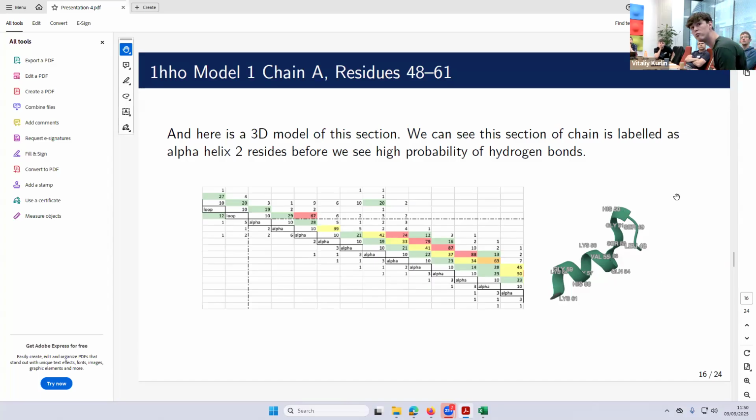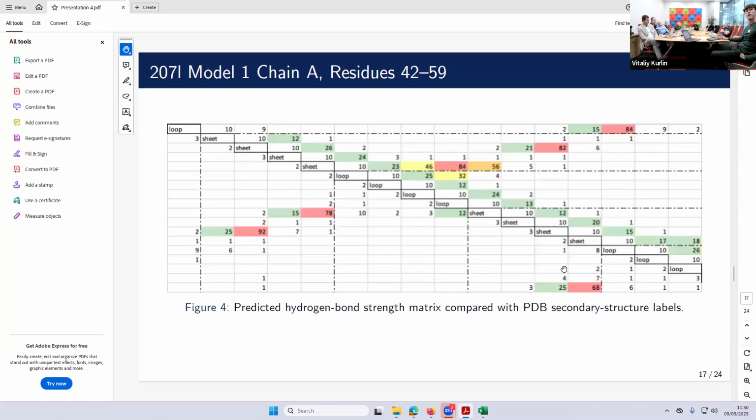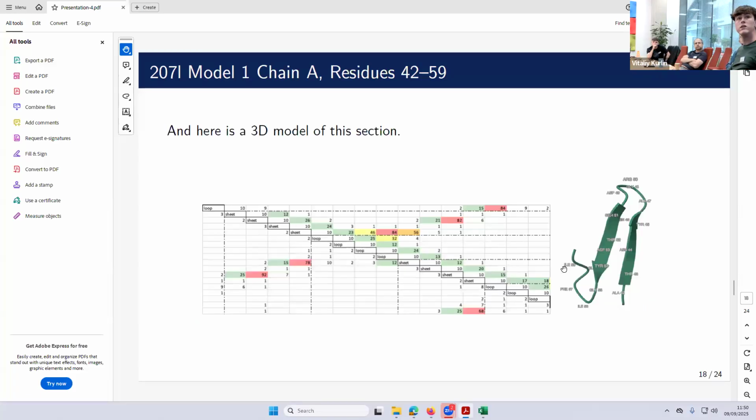It's just one of the inaccuracies, or oversimplifications, you'll see. And then there's a sheet, so you won't see a diagonal of strong bonds, you'll see bonds between different chains, as there are big gaps. They look a bit different.